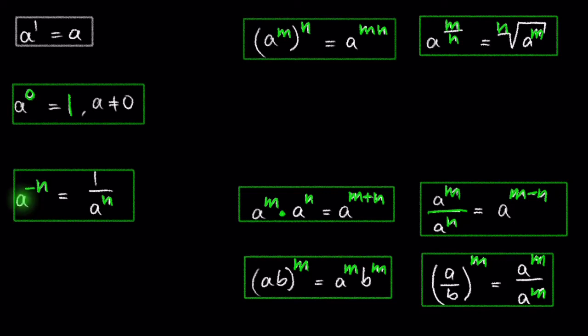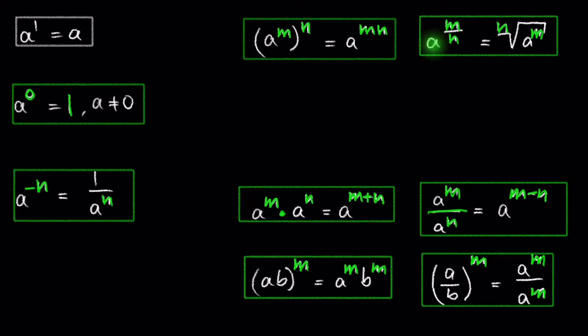Any non-zero number with a negative exponent is just 1 over the same expression with the same positive exponent. Any non-zero number raised to a power, which is then raised again to a power, is the same as keeping the base and raising it to the product of the two powers.